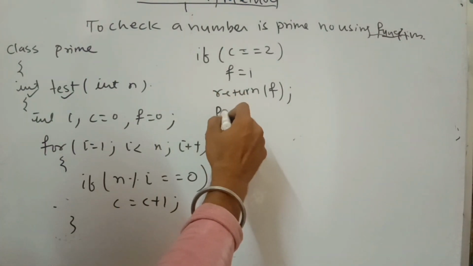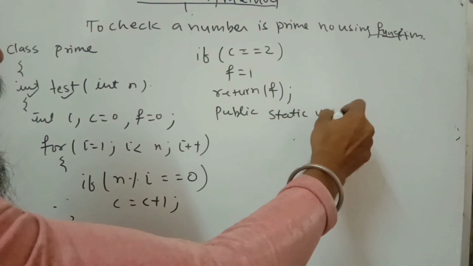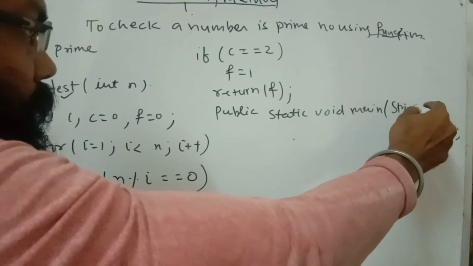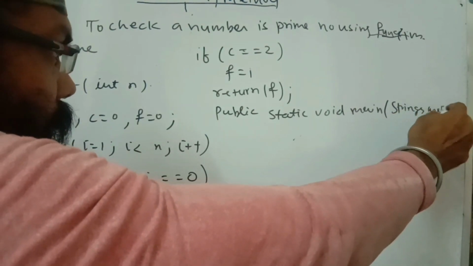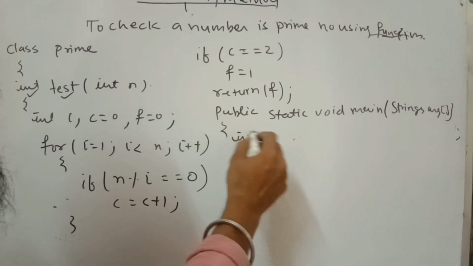So write public static void main, String args. After that, just take an input value from the user.